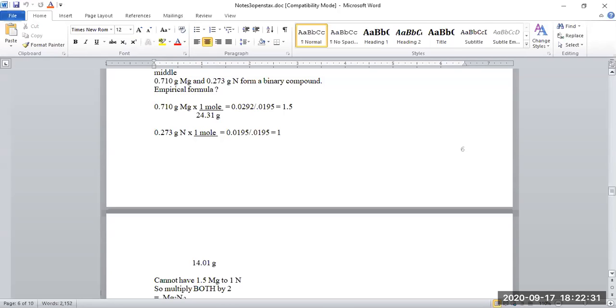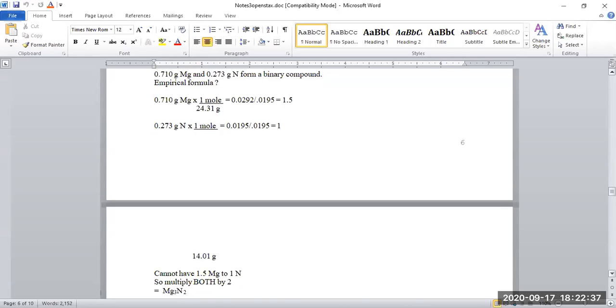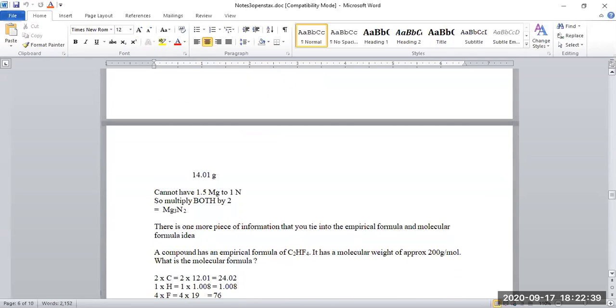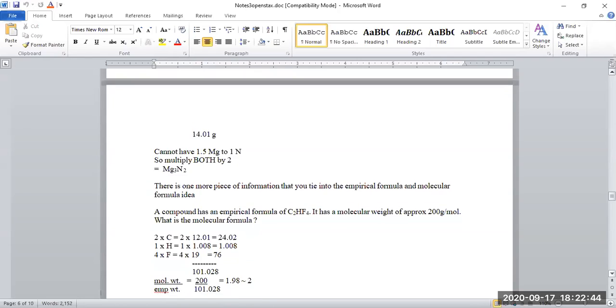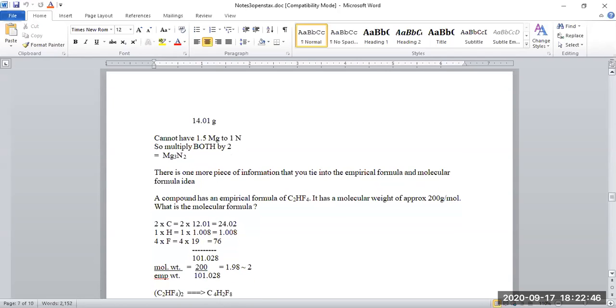If you are basically dead smack in the middle, you have to multiply everything by 2. What this also does for you is it allows you to create molecules like the one shown there of Mg3N2 that have one odd subscript and one even subscript.